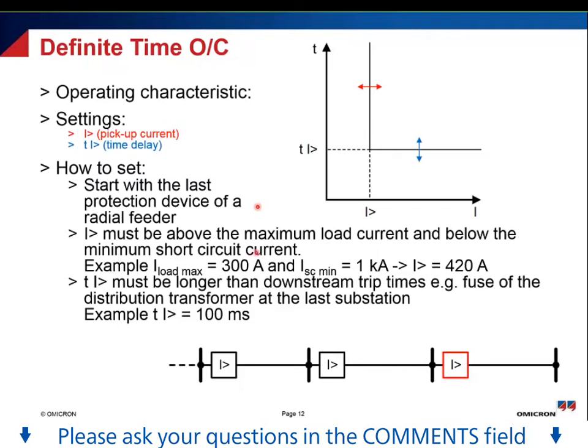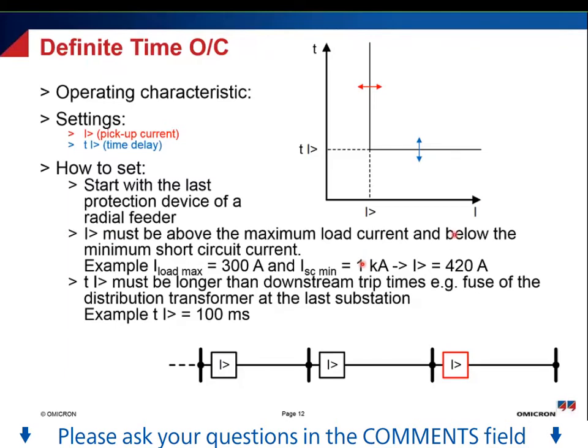So in our case, let's say the maximum load current is 300 amps over this line, and the minimum short circuit current is 1 kiloamp, so 1000 amps. That means we have to define our setting of I greater, our pickup current, somewhere between these two values.